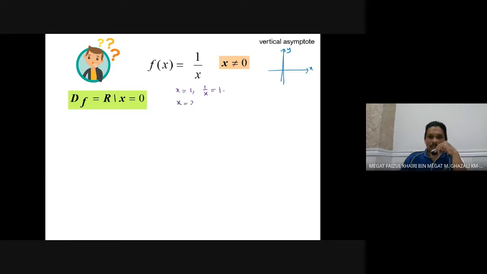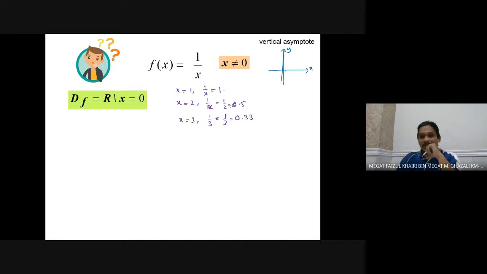When x equal to 2, 1 over x or 1 over 2 equal to 0.5. When x equal to 3, then 1 over 3 is 0.33.